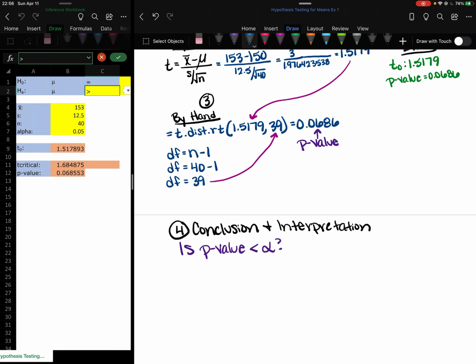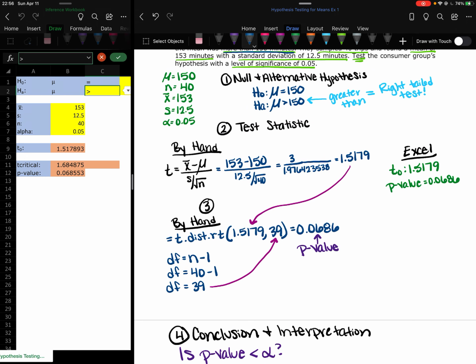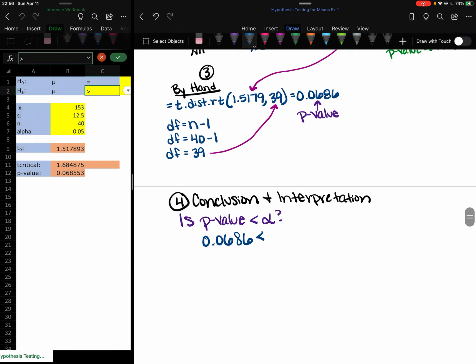So our p-value was 0.0686. And I want to know, is that smaller than 0.05? My alpha. Alpha is what tells us what is too small. Anything less than 0.05 is what is considered to be too small.